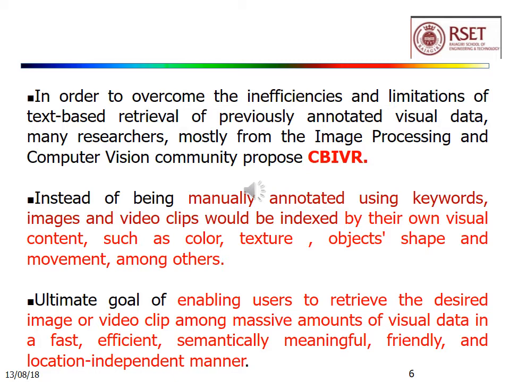Instead of being manually annotated using keywords, images and video clips can be indexed by their own visual content, such as color, texture, shape and movement, among others. The ultimate goal is enabling users to retrieve the desired image or video clip among massive amounts of visual data in a fast, efficient, semantically meaningful, friendly, and location independent manner.